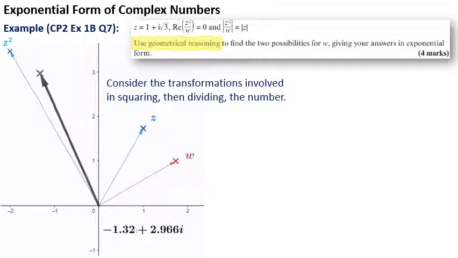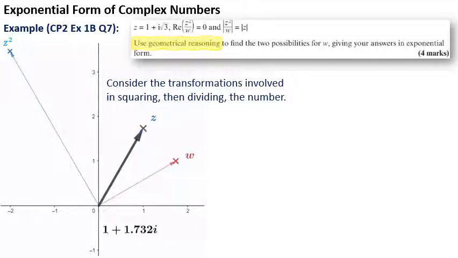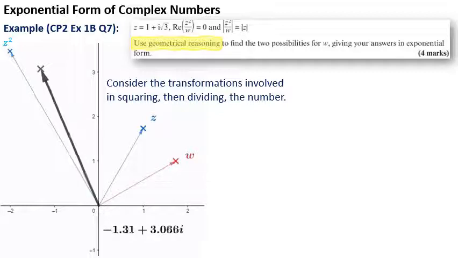And that is one of the reasons why we can see w has to be the same size as z: because we multiplied by z and then needed to divide by w and have a number which was the same size as z. If you're going to multiply by z and divide by w and not change the size of your number, we need the size of w to match the size of z.